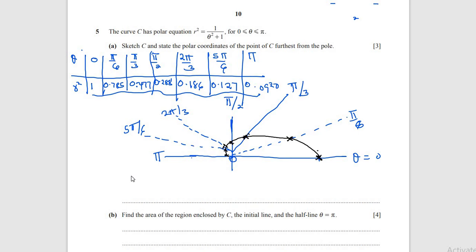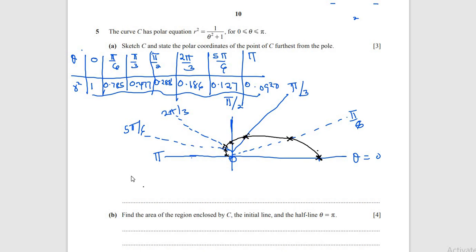That's it. Now, the question asks to state the polar coordinate of the point of C furthest from the pole.